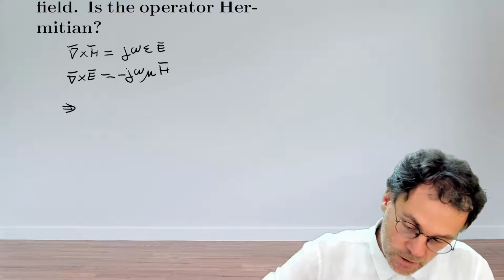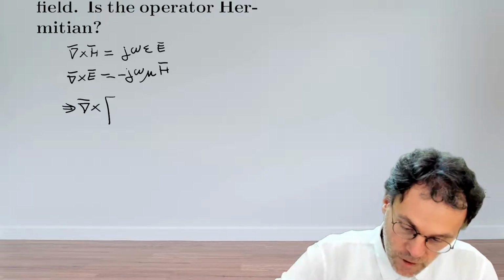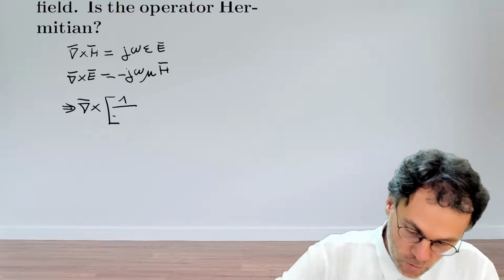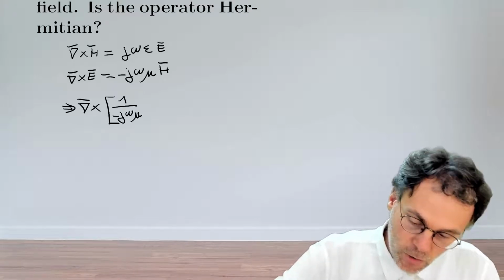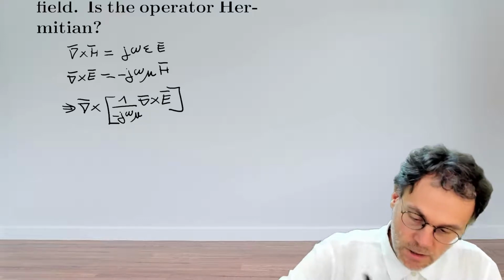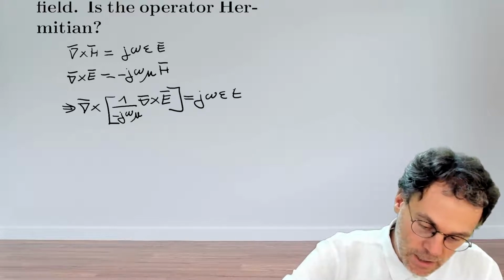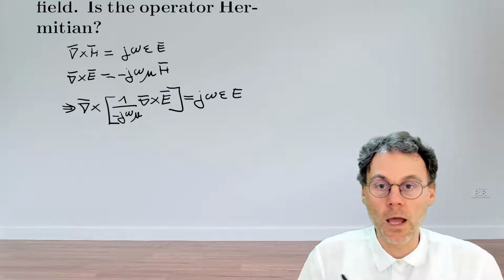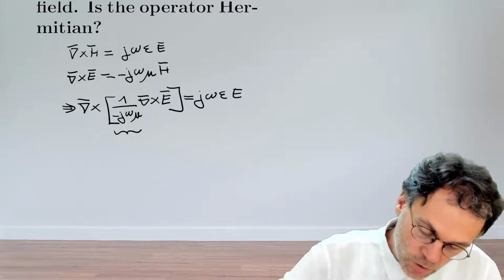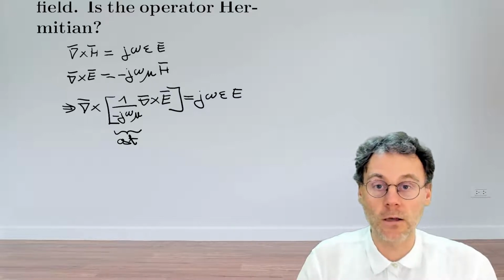If we do that, the first equation becomes the curl of the magnetic field, but from the second equation we know that the magnetic field is 1 over minus j omega mu, curl of the electric field, equals j omega epsilon E. Now what we have here, 1 over j omega mu, is a constant, provided we're working in non-magnetic media.